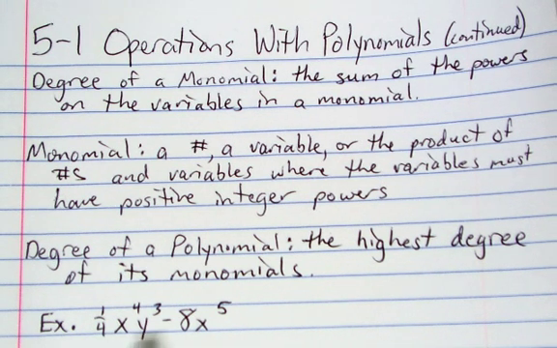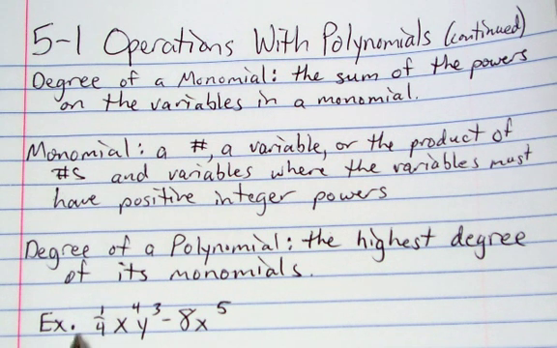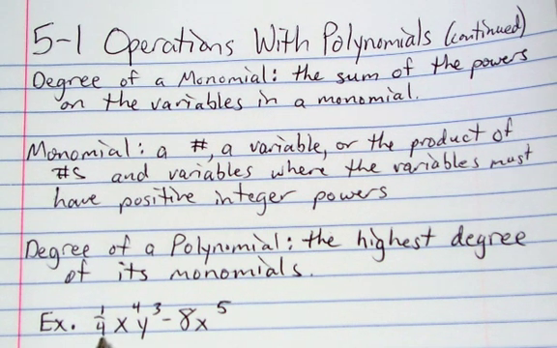None of the variables are in the bottom of the fraction. Notice, though this has a fraction, the only thing in the bottom is the 4. That's fine. So none of the variables are in the bottom of a fraction. None of the variables are in roots, and none of them have negative or fraction exponents.